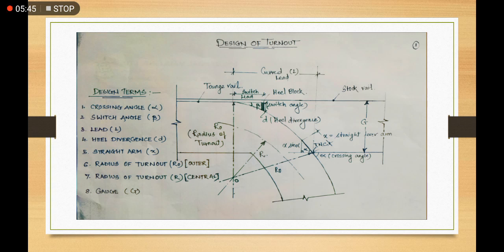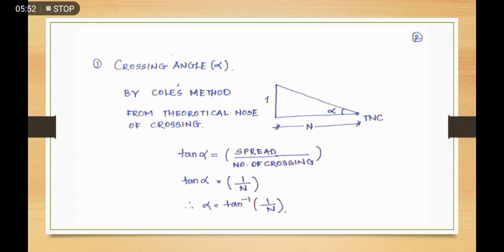Now let us see one by one how to determine each parameter. So first of all, here it is crossing angle alpha. There are three methods to determine the crossing angle. One of them is Cole's method. In this method, a right angle triangle is considered starting from the apex point, that is theoretical nose of crossing, and to a horizontal distance n, which is the number of crossing.